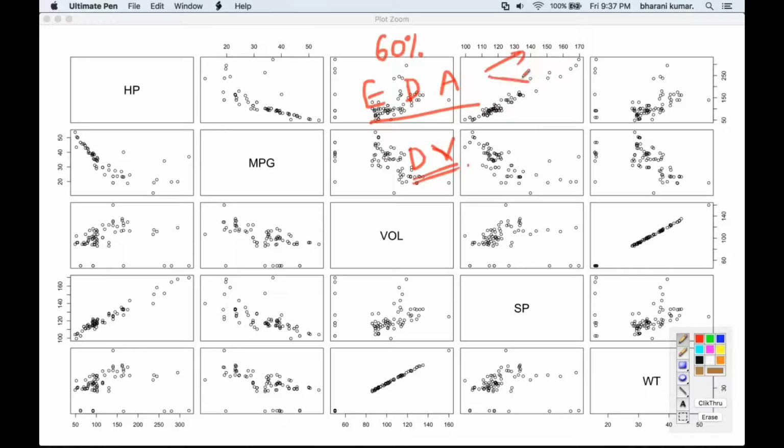Summarize the data, describe the data, aggregate the data, look into various permutations and combinations, then look into your dot plot, your box plot, your histogram, your scatter diagram. You will gain wealth of information. 60% of your analysis should be spent only on these. This is what will make you a real true data scientist.